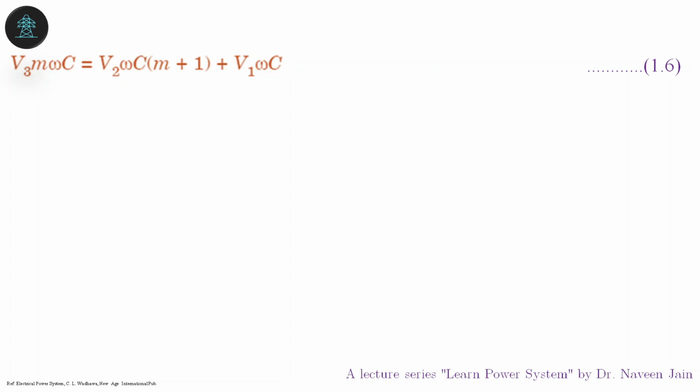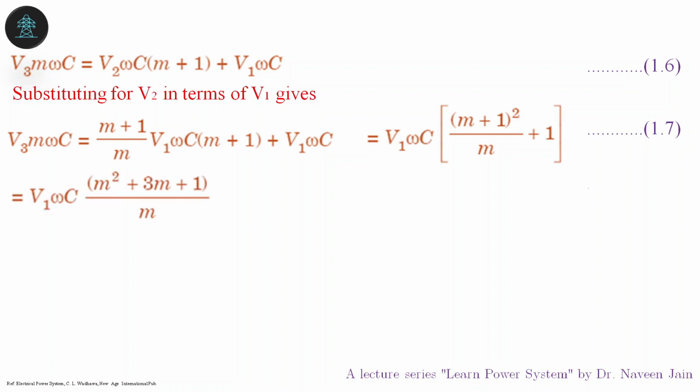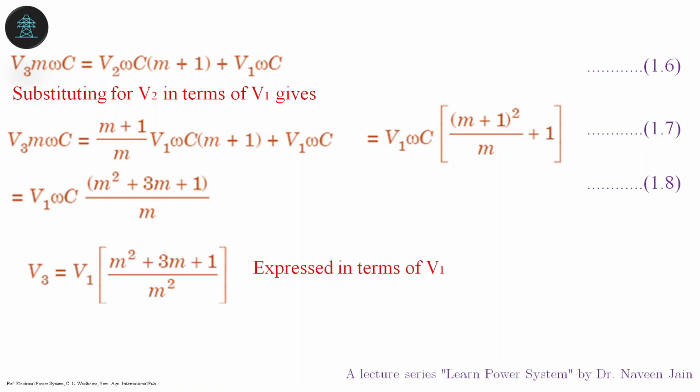Now simplifying this equation, let us substitute V2 and obtain the expression in terms of V1. Our aim is to solve the equation in a single variable. Now the equation is expressed only in terms of V1.